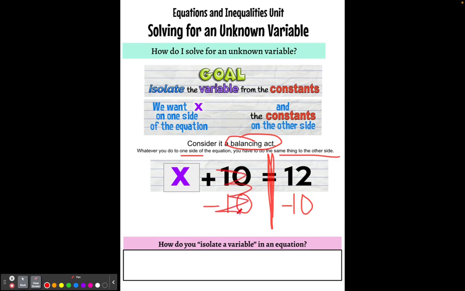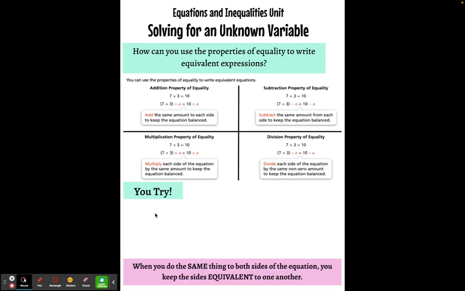So that cancels out on this side and leaves me with an isolated variable. The only thing I have left to solve is what's on the other side of my equation, 12 minus 10. So now I know that x is equal to 2. Again, we are using those inverse operations in order to get the variable by itself, okay?